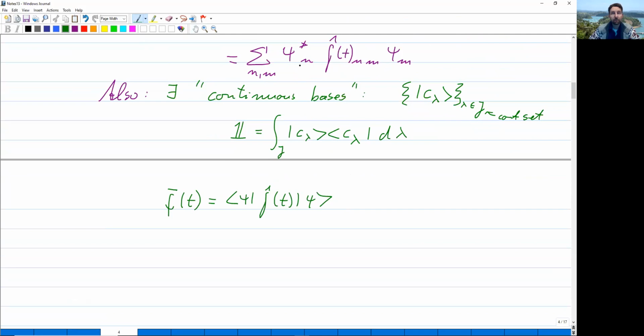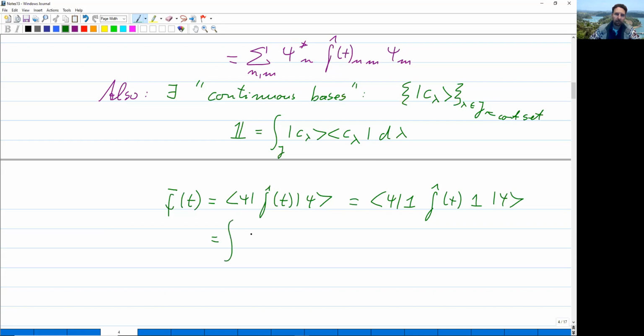And now instead of choosing a discrete basis, we choose this continuous basis. So we say this is psi, identity, f hat of t, identity, psi.